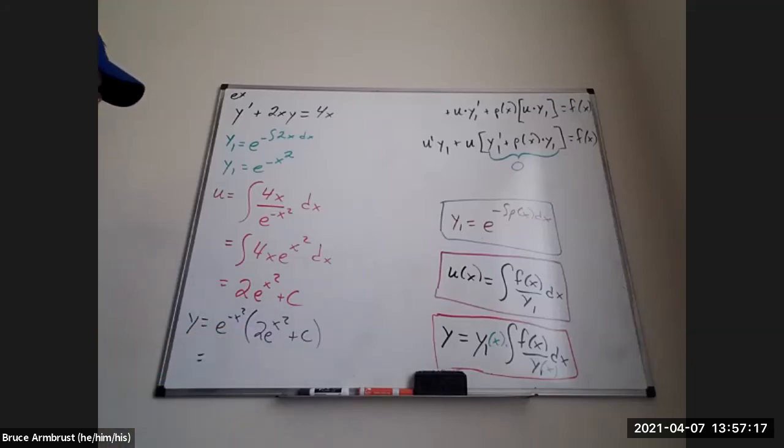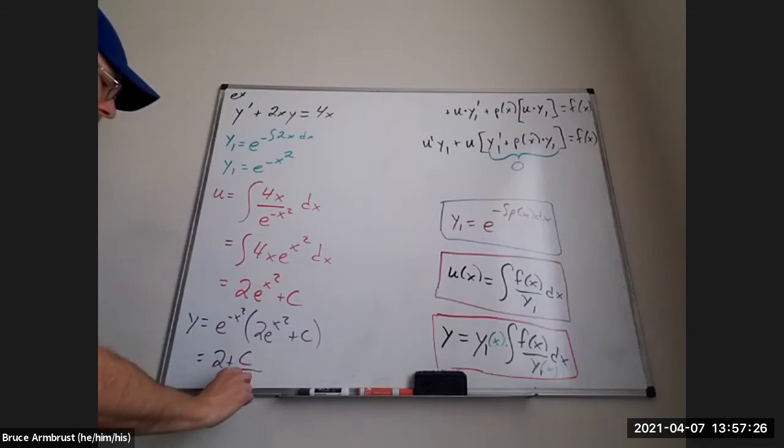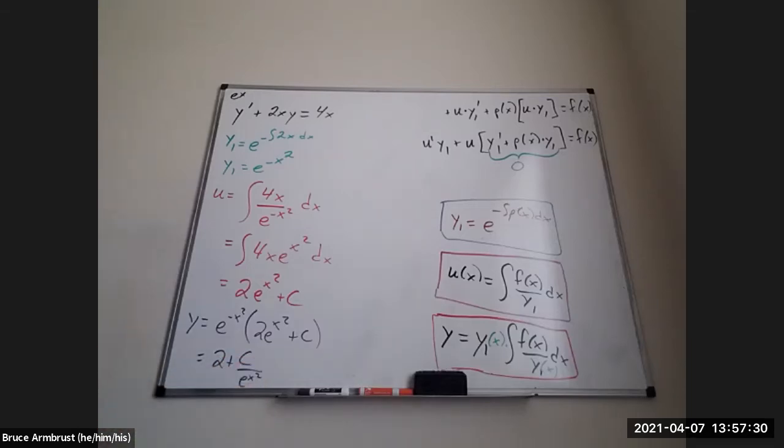So I'll go ahead and distribute. The e to the minus x squared times 2e to the x squared gives me 2. And then I just want to make it so that it's a positive and drop it to the denominator.